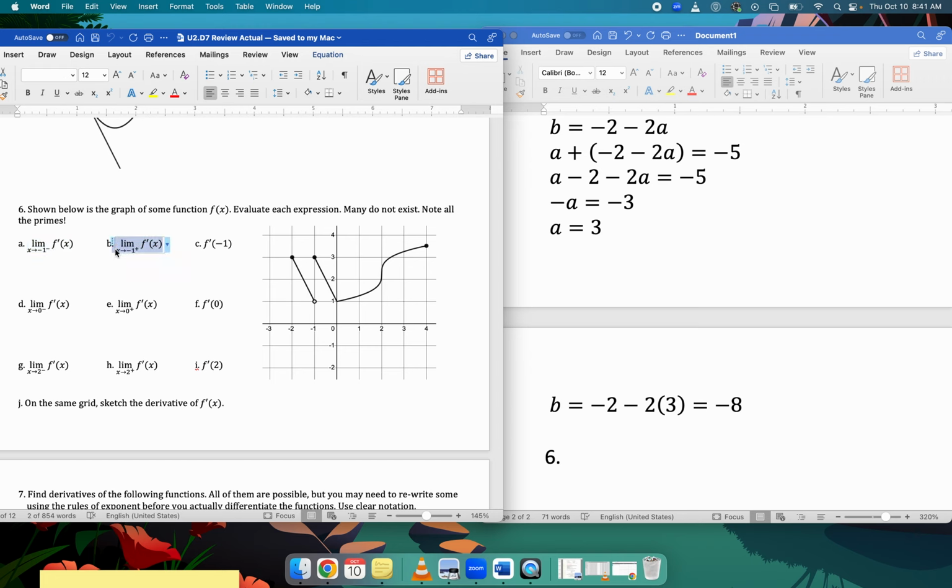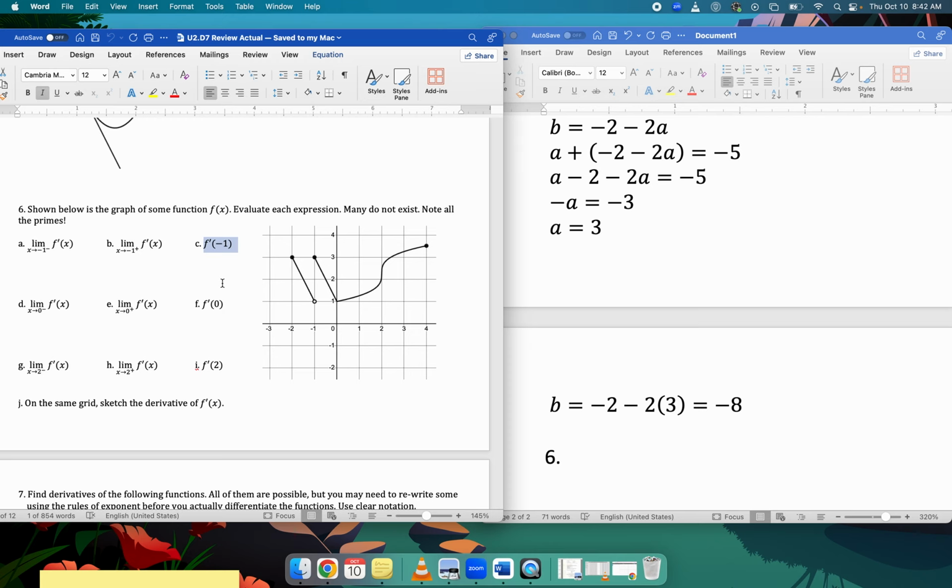Same thing, but from the right. If I approach from the right, the slope is just constantly -2. So I would say, again, this is -2. F prime of -1. Well, I can tell you that does not exist, because the original function has a discontinuity at -1, which means the derivative is undefined at that location.